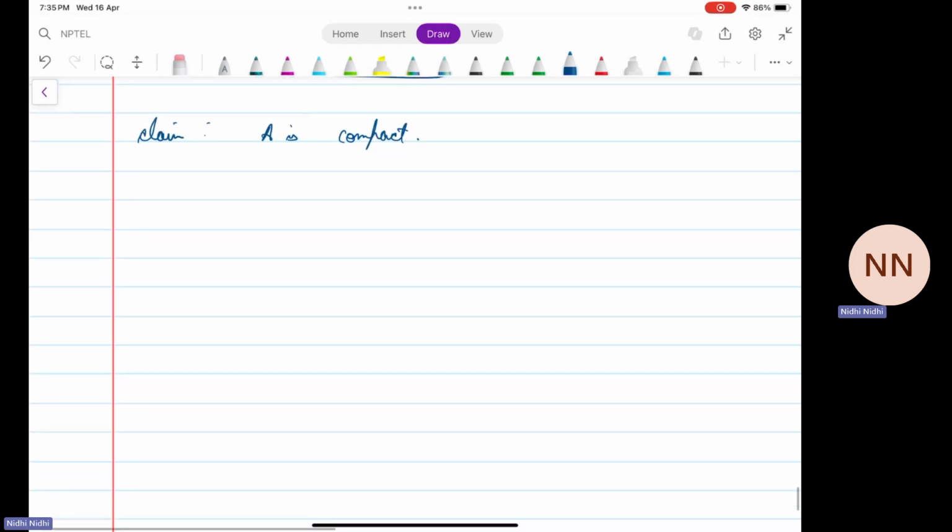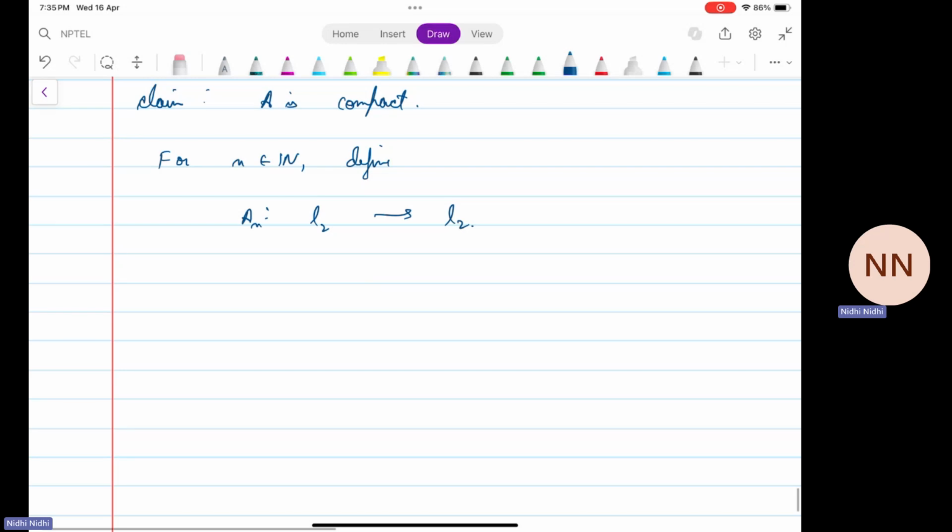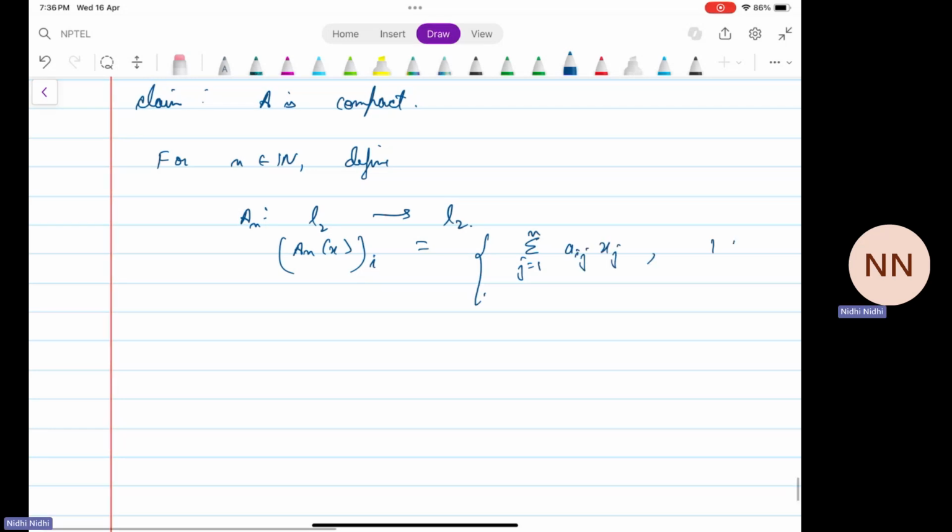Define for any natural number n, An from L2 to L2 such that An x, this is its ith element, is equal to summation j from 1 to n aij xj for all 1 less than or equal to i less than or equal to n, and 0 for all i greater than n.